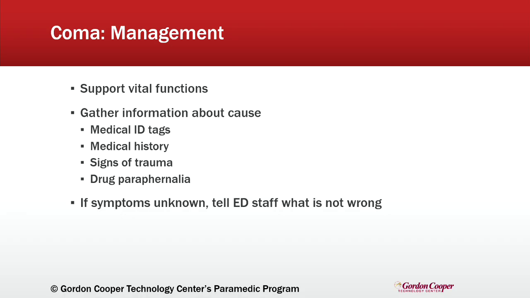Be observant for signs of any kind of drug use. If you suspect that they've taken a narcotic, then administer some Narcan. Make sure that you inform the emergency department staff if you don't know what's wrong with the patient, that you have no clue about what's going on. Provide a report on what you do know, including any conditions or issues that have been ruled out.